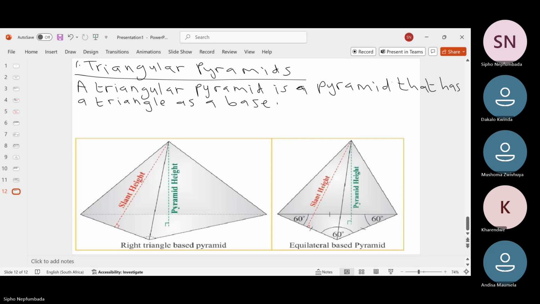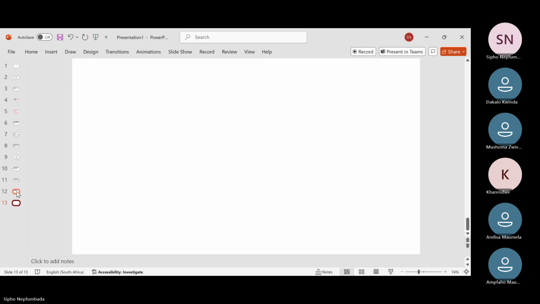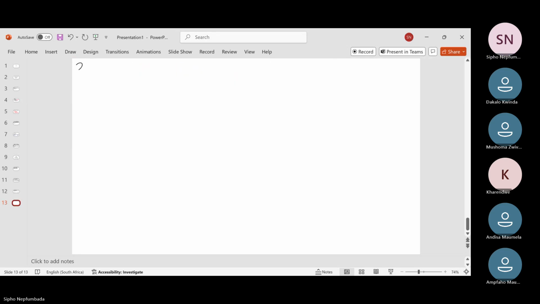Okay. So now, as far as we're concerned, we can talk about what we call the rectangular pyramid.